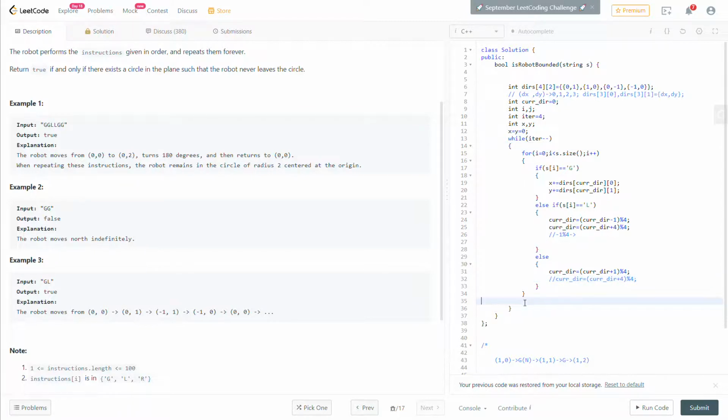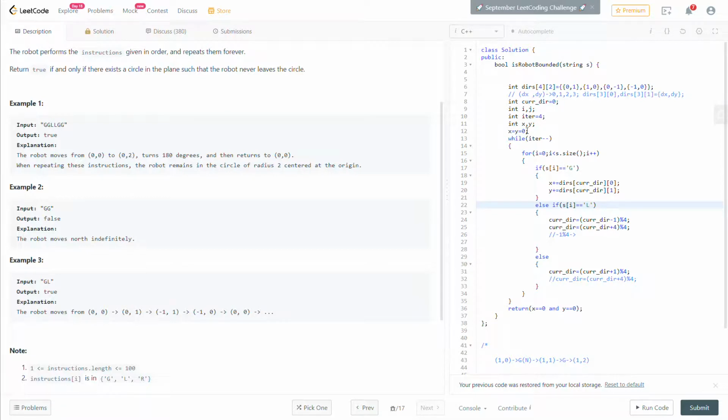You iterate it for 4 times, and if both coordinates turn out to be 0, you can return it as true, otherwise the answer would be false, isn't it? Yeah, I hope it's clear.